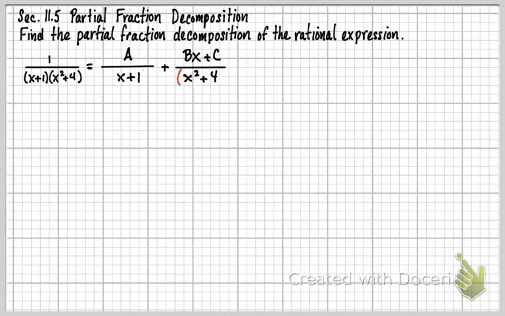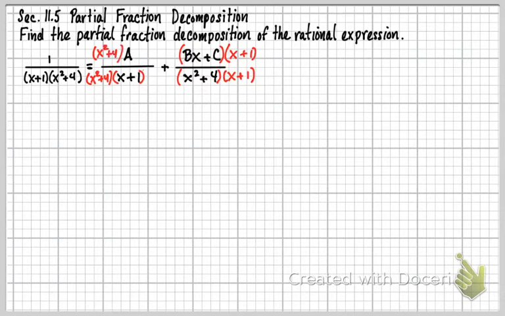So that means I'll have to take this one here and multiply the top by x plus 1. And for this one on the left, I'm going to have to multiply by x squared plus 4, which means I'll have to multiply the top by x squared plus 4. So that's what I'm going to do now.